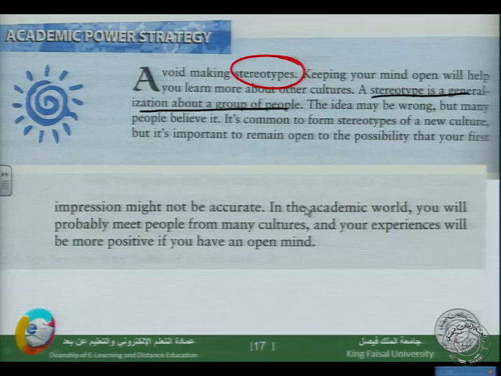It's common to form stereotypes of a new culture, but it's important to remain open to the possibility that your first impression might not be accurate. So you need to be sure that your first impression was accurate. In the academic world, you will probably meet people from many countries and cultures, and your experience will be more and more positive if you have an open mind.